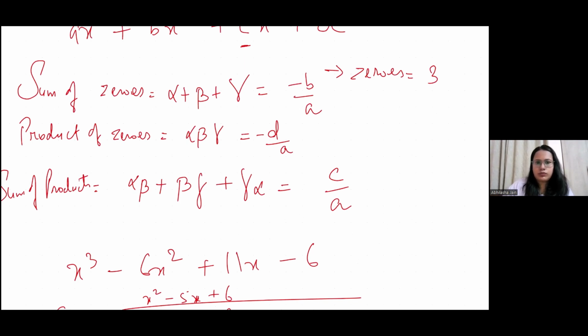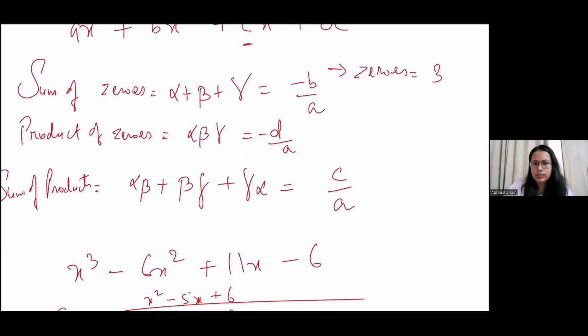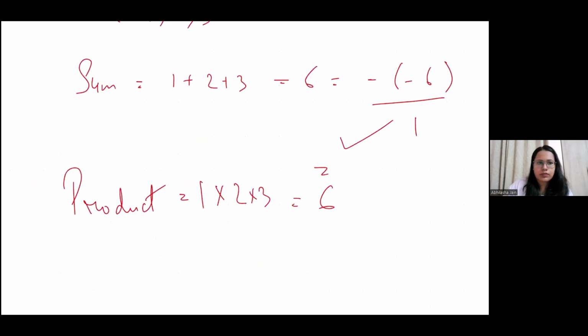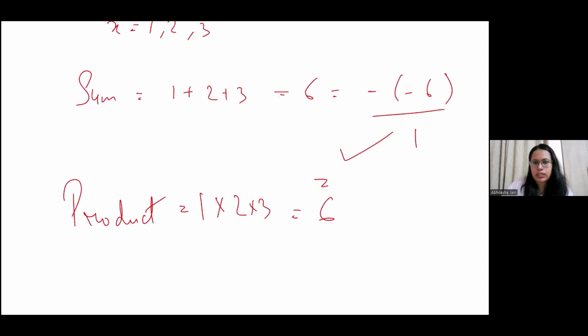So negative of negative 6 over 1, which is 6. So that's verified. The next one is the sum of products.